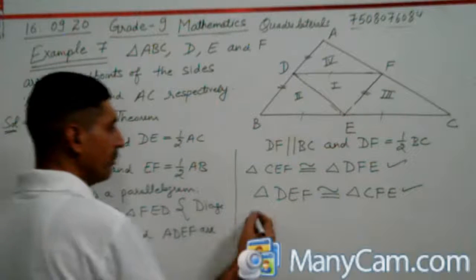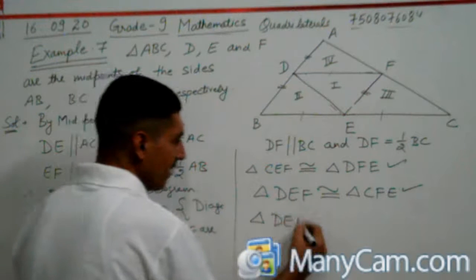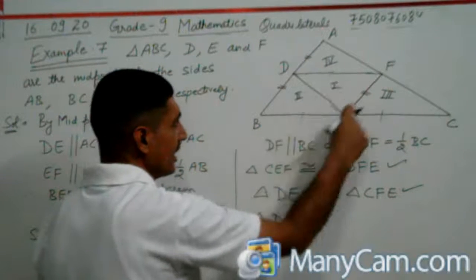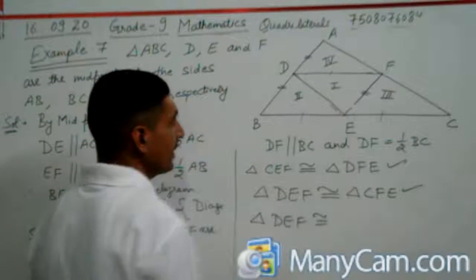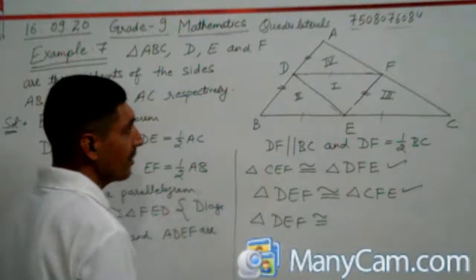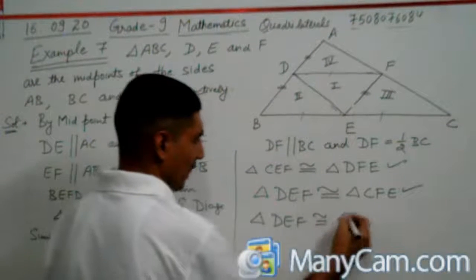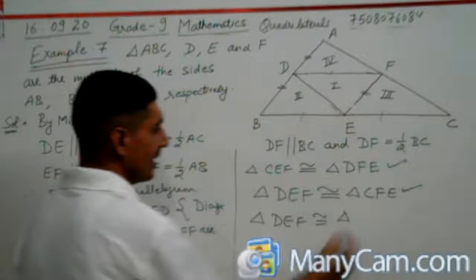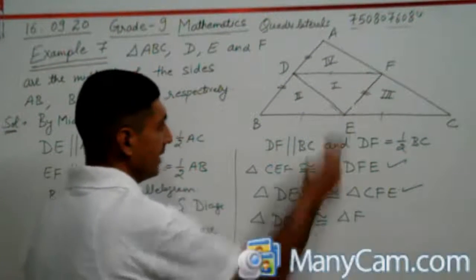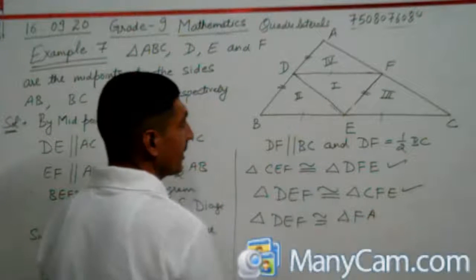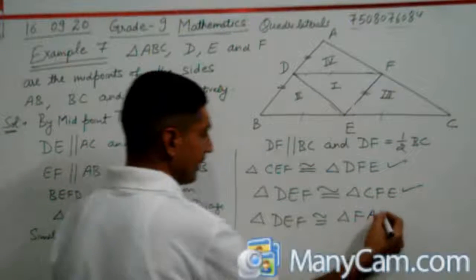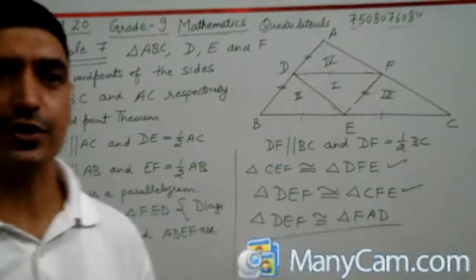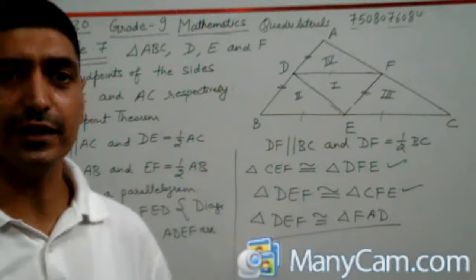And triangles 1 and 4, that is DEF, are congruent, matching the angles at F and A. These four triangles are congruent to each other. So naming is very, very important.